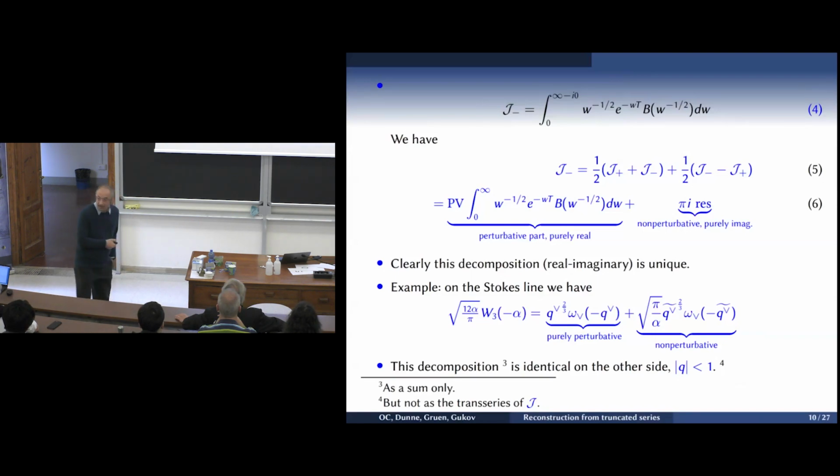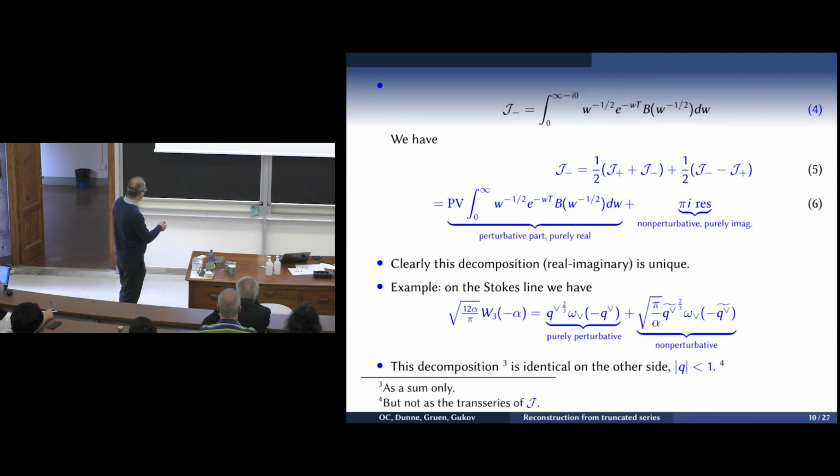This is an Écalle medianization, because you are dealing with a meromorphic function. So this will be the Écalle medianization, always corresponding to the purely perturbative part, and you'll have half of the sum of the residues because of this half-sum business. That would be the purely non-perturbative part. And guess what?